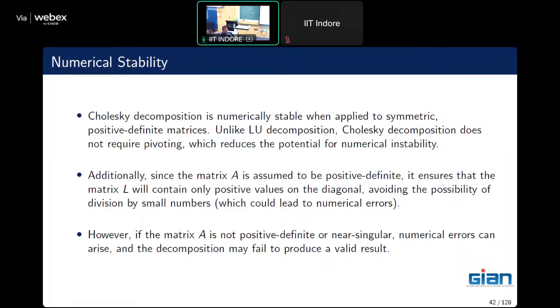If it is a positive definite matrix, obviously its diagonals are non-zero positive, and you know that eigenvalues are strictly greater than 0. However, if the matrix A is not positive definite or is near singular, numerical errors can arise and the decomposition may fail to produce a valid result.